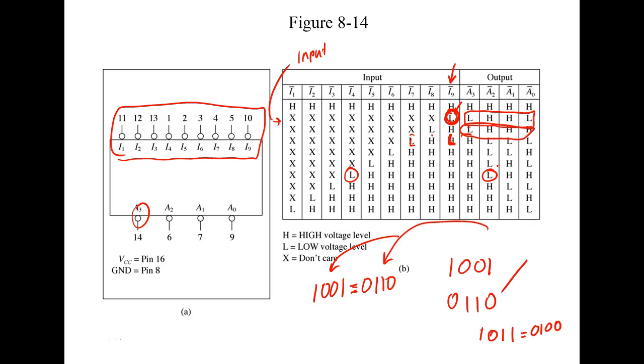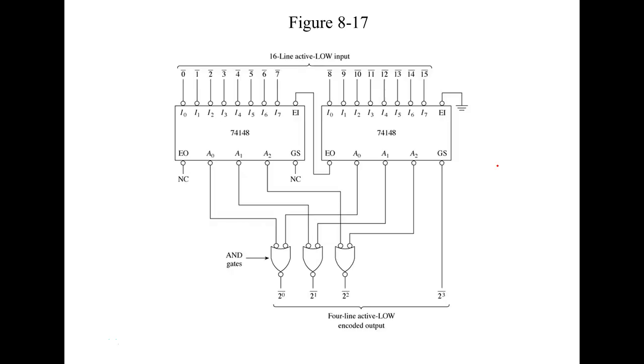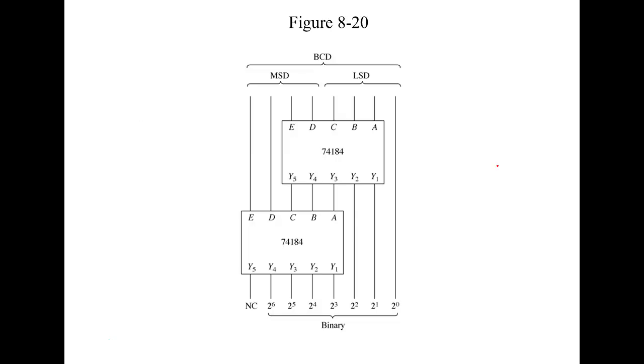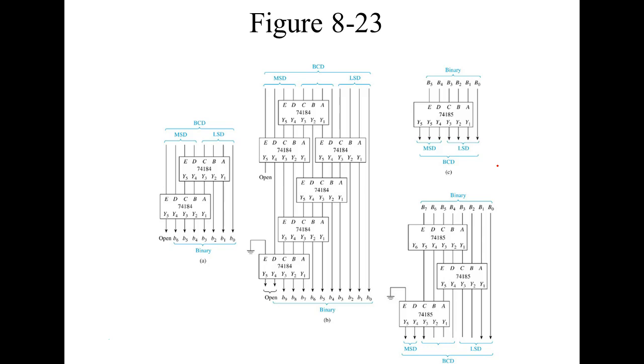So we use this guy right here to set priorities too. 74148. And we can combine them. So we can use this as a BCD to binary encoder. We're not going to go through this.